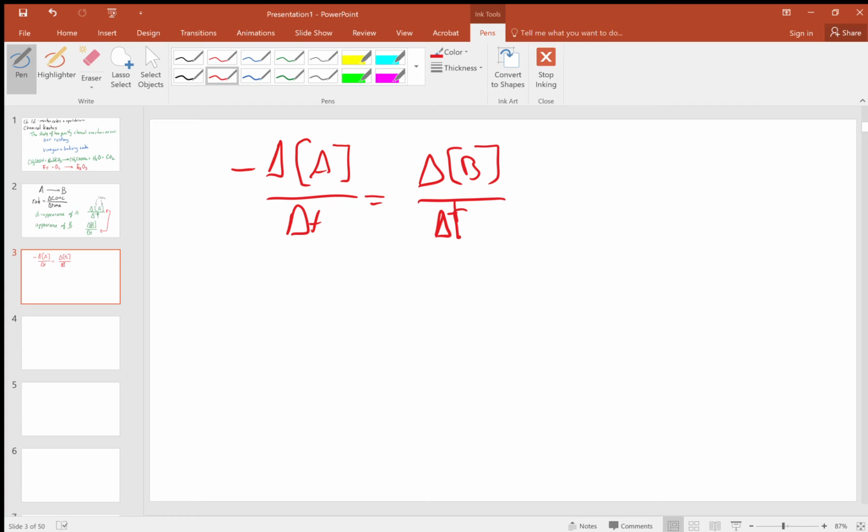All right, now what are the things that can influence the rate of the reaction? And in this course, that's what I want to focus on. What are things that actually change how quickly a reaction occurs?